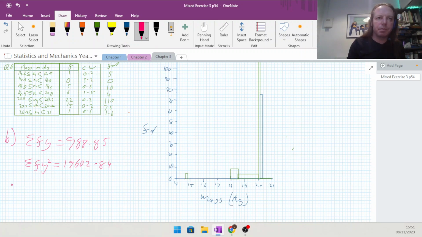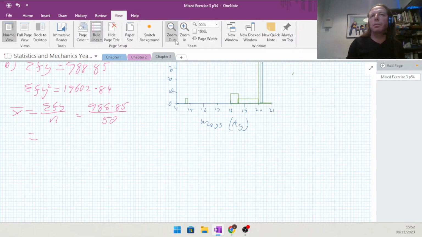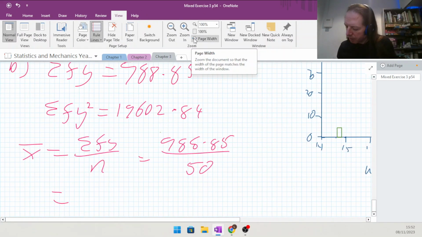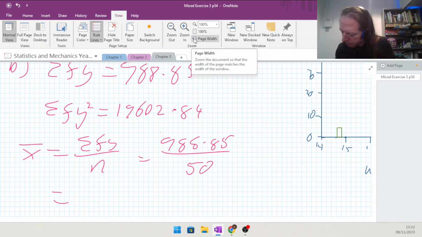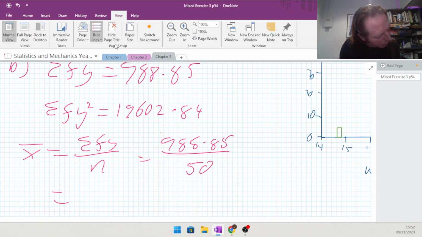So the mean, x bar, is the sum of fy over n, so it's 988.85 divided by the 50 bags of fertilizer. 988.85 divided by 50 is 19.777. Yep.